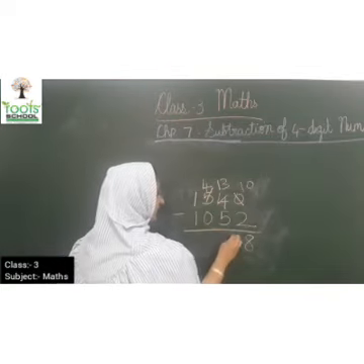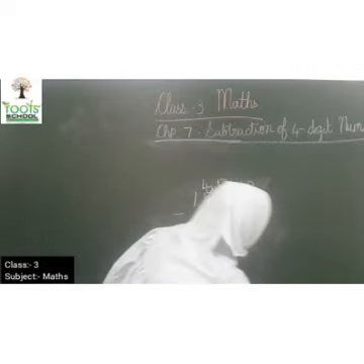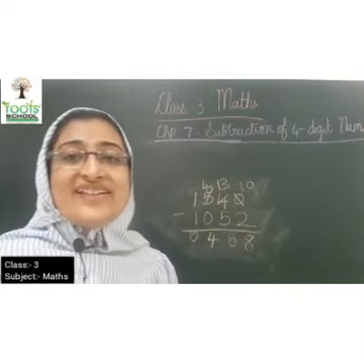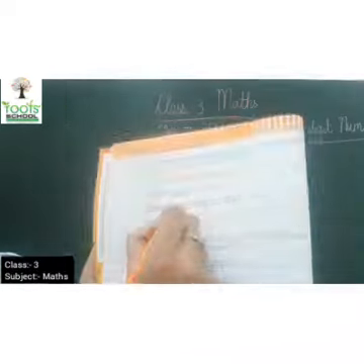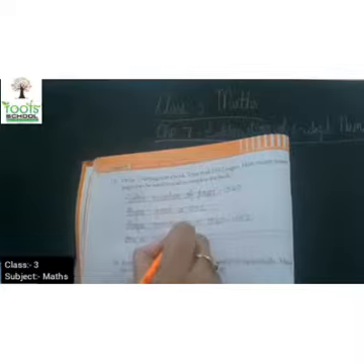Very good kids. And 4 and 2. So how many pages are remaining to read? 488 pages. So you will write here 488 pages.